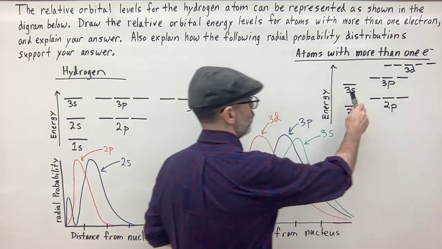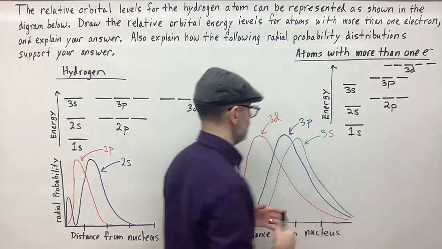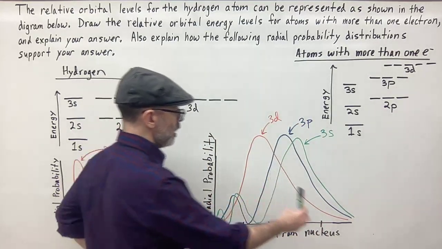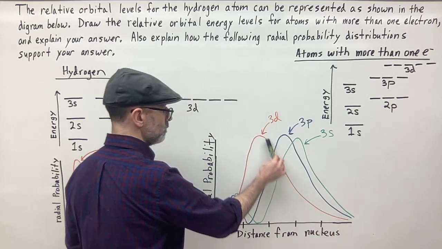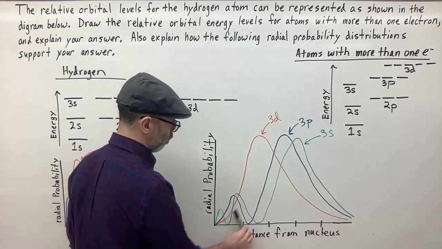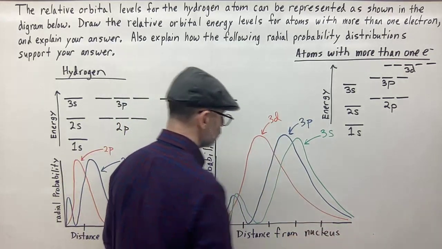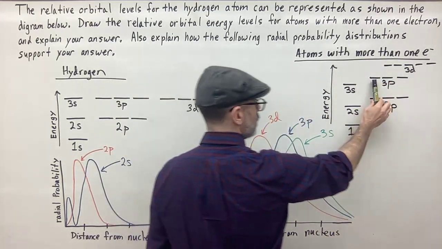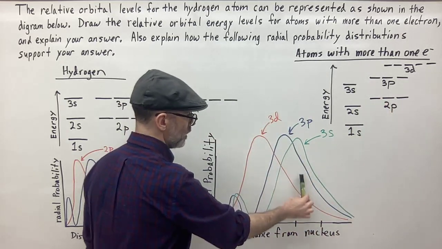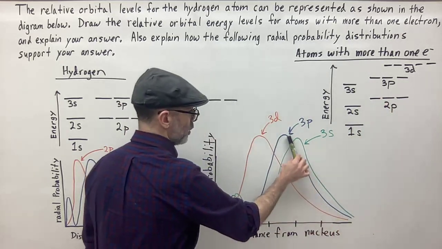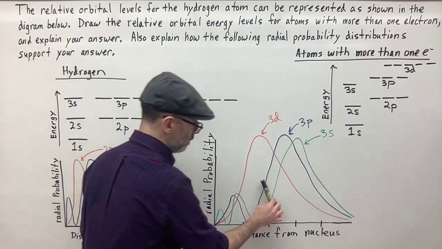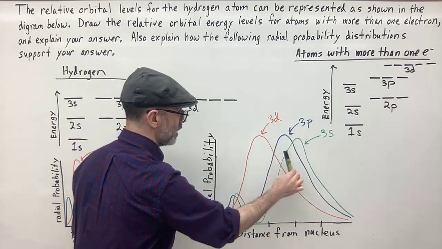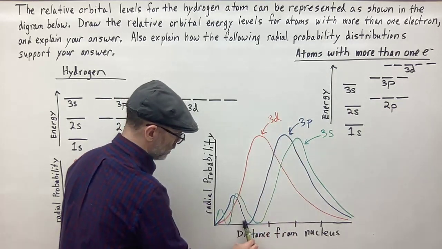And then if we look at the 3s, the 3p, and the 3d, we see the same thing over here. So again, as I pointed out, the 3d has this probability map in orange. If we look at the 3p in blue, the 3p has one peak farther from the nucleus compared to 3d, but it has this little peak here.